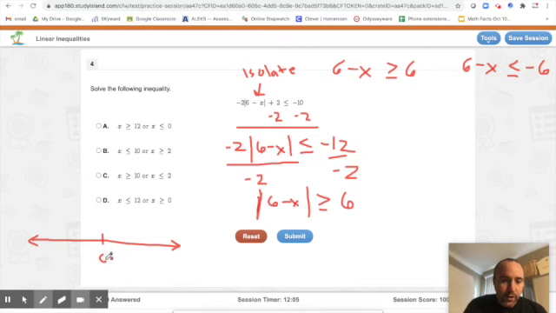So if we look at a number line and we look at 0 and we look at 6, all right, we need to consider all of the numbers that are at 6 and higher than it. But when we flip it around to -6, we kind of look at, okay, in here we're going to have 7, we're going to have 8, we're going to have 9. They're all more than 6 units away from 0.